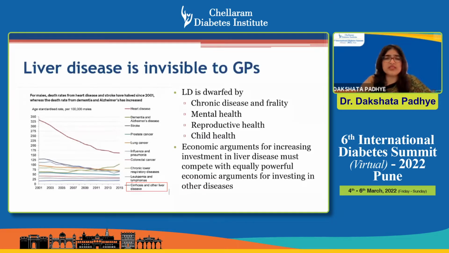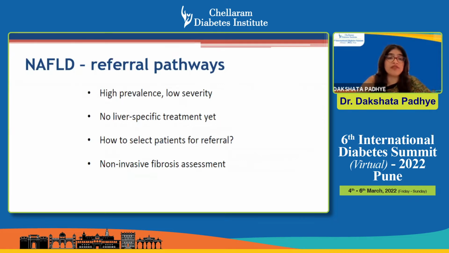This disease is invisible to GPs. GPs and family physicians are dwarfed by chronic diseases, frailty, mental health, reproductive health, and child health. So we really need to be very proactive to tackle this problem. We need to have referral pathways. We need a streamlined management system where how to select patients for referral is very important.